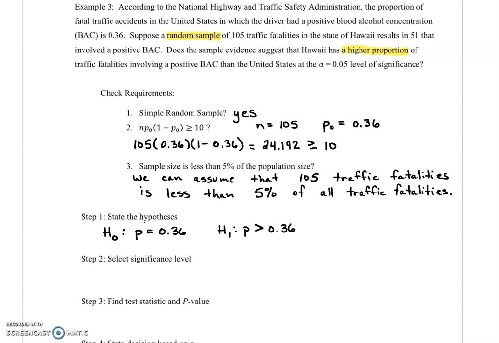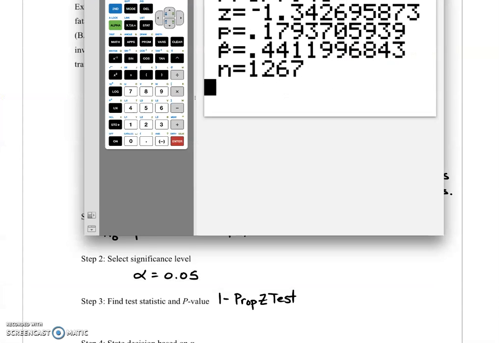So higher means greater than. The significance level, we were told, is 0.05. So now using our one prop Z test, we need to plug in the appropriate numbers.